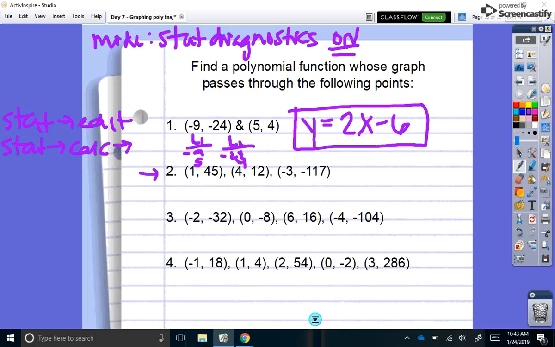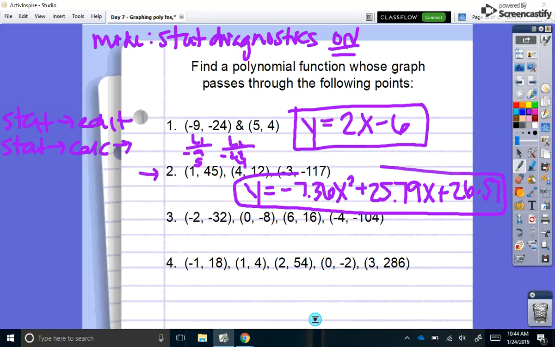Go to stat, calculate, try quadratic regression, and you get an r squared value of 1. So that means this is quadratic. -7.36x squared plus 25.79x plus 26.57. If you are not getting the same numbers as me, ask someone around you to see if they can show you what to do.